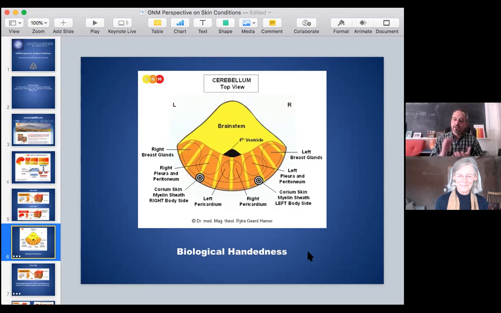Our biological handedness is actually determined within 14 days of conception, during the first cell divisions, Dr. Hammer discovered. And our biological handedness can be determined by the simple clap test. We clap our hands one on top of the other, and the hand that is on top indicates our biological handedness.